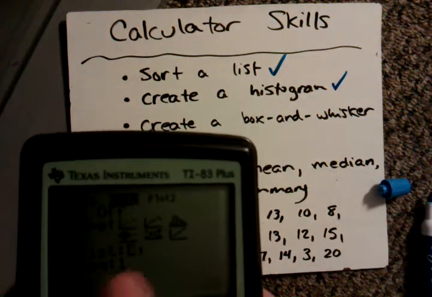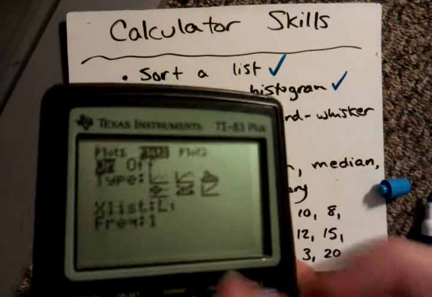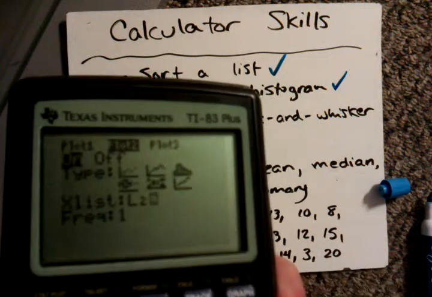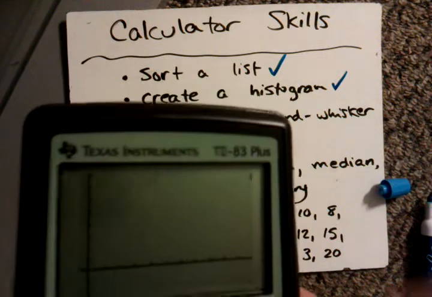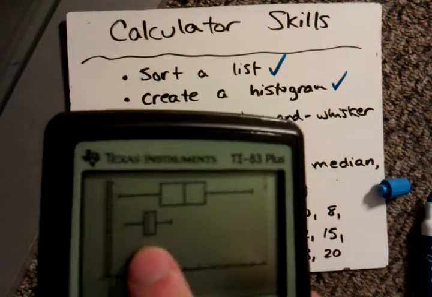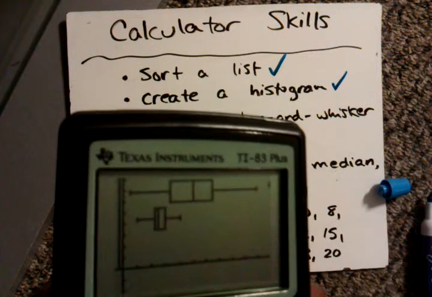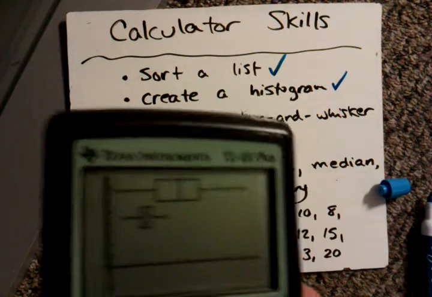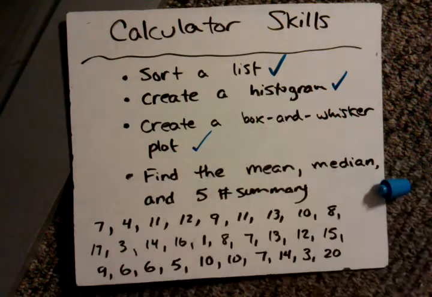Then instead of picking your X list to be L1 again, you want it to be the stuff you just typed into L2, so you can change that to L2. And then go look at your graph now. You can see you've got a second little box plot on there. So you can compare the two if you ever need to, which is kind of neat. So that's how to create a box and whisker plot.